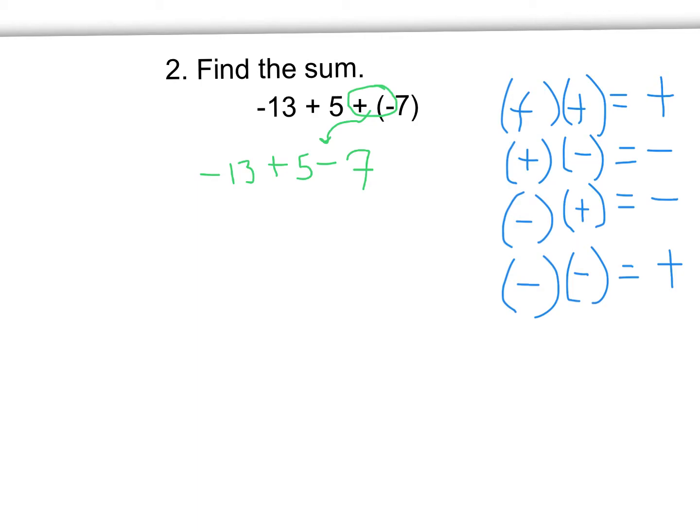Now at this point, we can just add across. Negative 13 plus 5, well that's negative 8, we all know that. Then minus 7, add that together, we get negative 15.